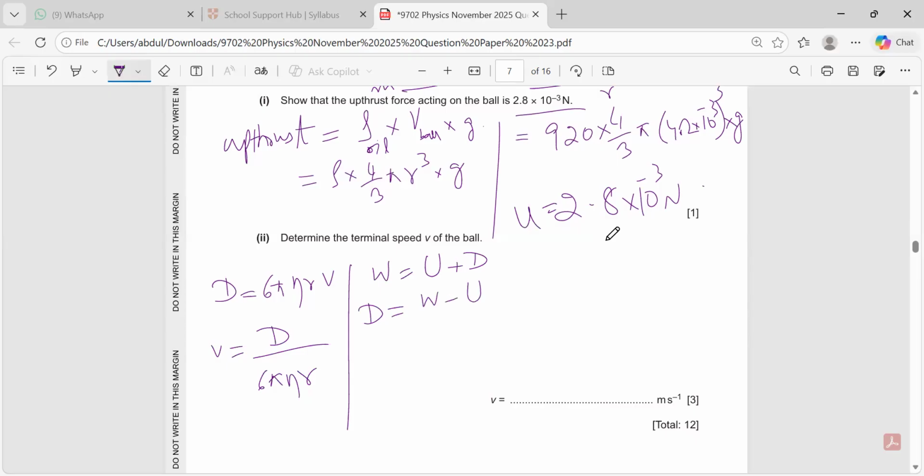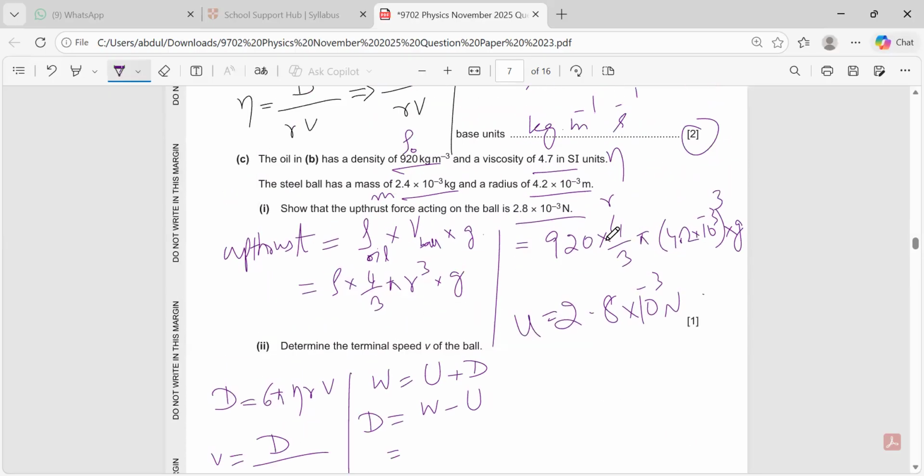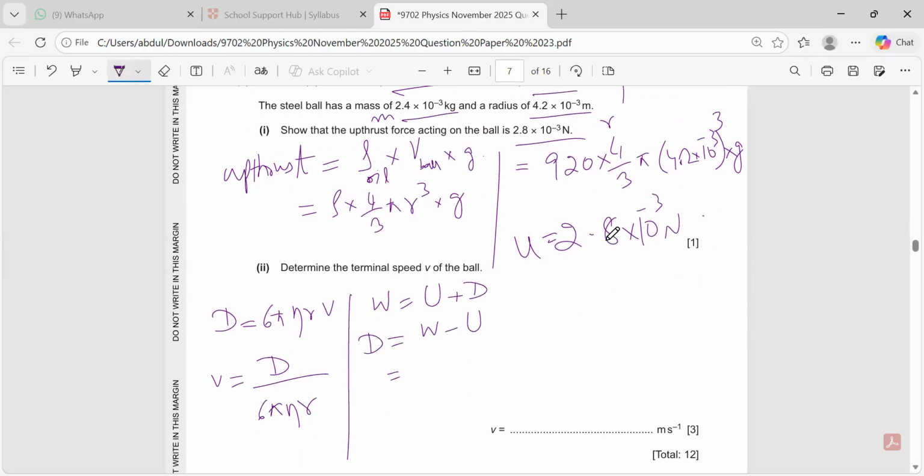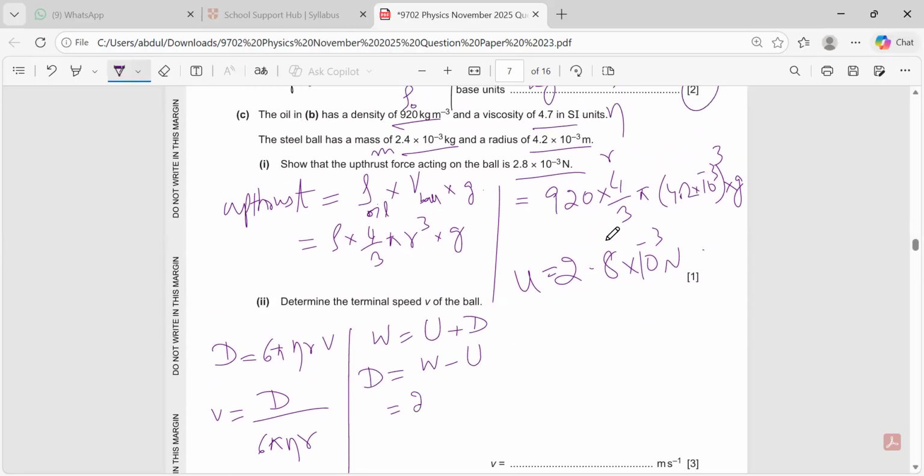Now, what is the weight? Weight is mg. Where is the mass? Mass is given here. That is 2.4 times 10 raised to power minus 3. So, dear friends, 2.4 times 10 raised to the power of minus 3 times g, which is 9.81, minus up thrust.